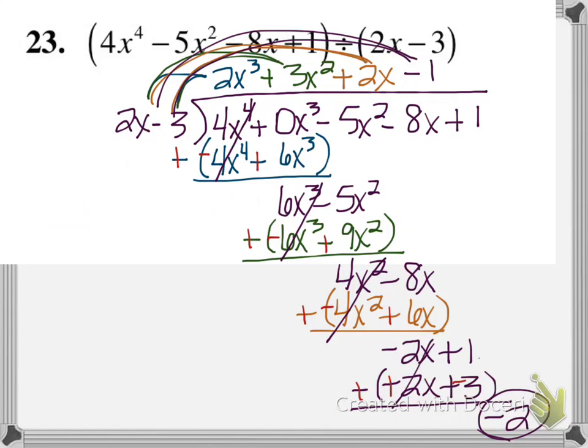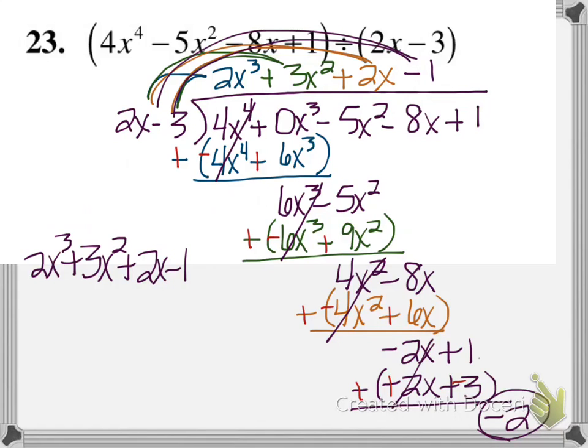So my final answer, my quotient, it's on the top row there, it's very colorful. 2x cubed plus 3x squared plus 2x minus 1. And the way that we can rewrite the remainder, there's a couple options.